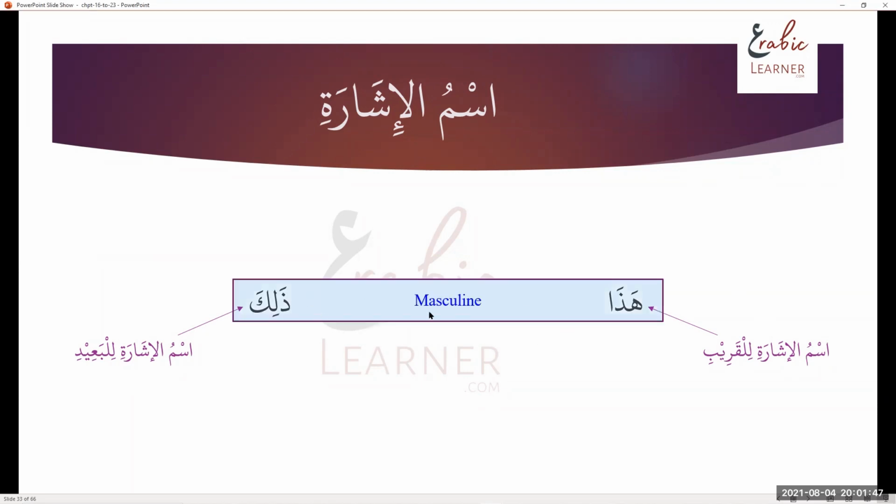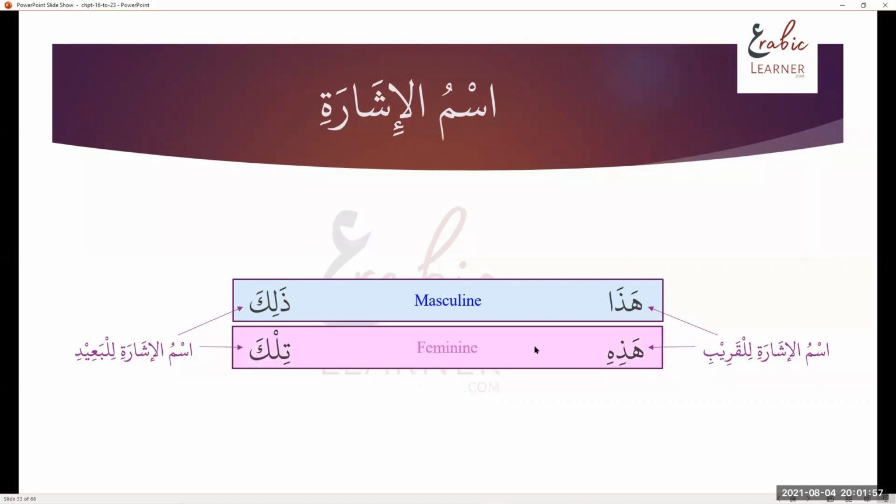And in the same way, Hadihi is used for Qareeb, for feminine. Tilka is used for Ba'id and also feminine.